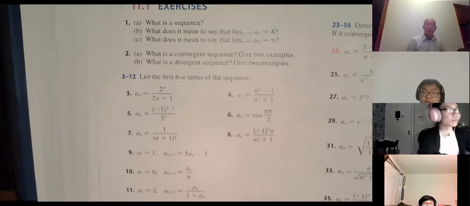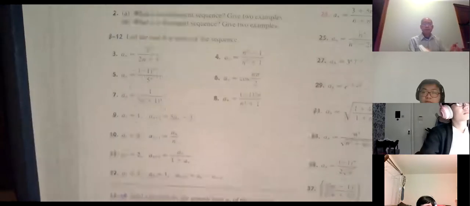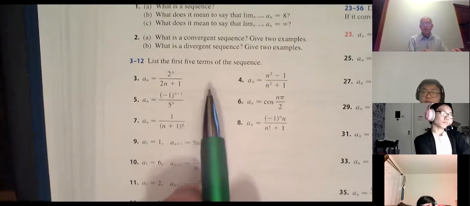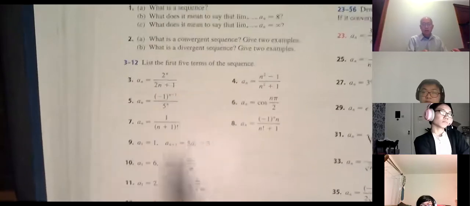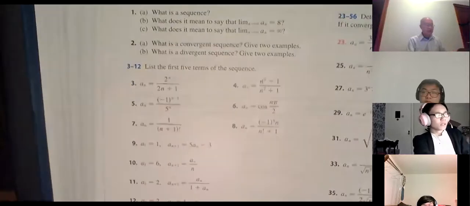And again, my problems on the homework may not match yours, but we know what's happening. Now, list the first 5 terms of a sequence. That should be very easy. They give you a rule, you just plug in 1, 2, 3, 4, and 5, and that's the basic idea.